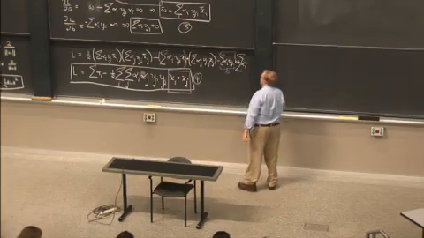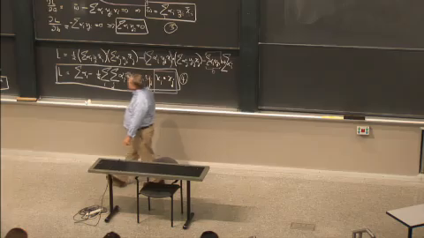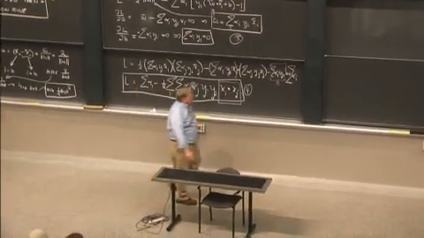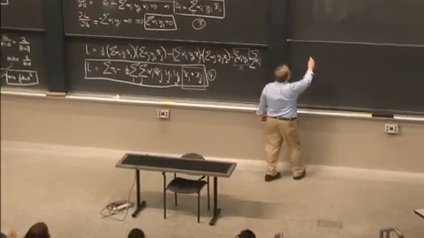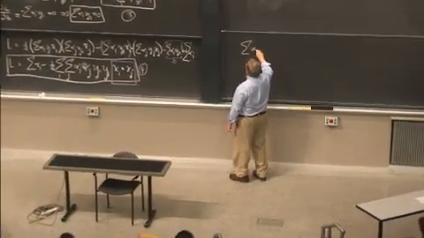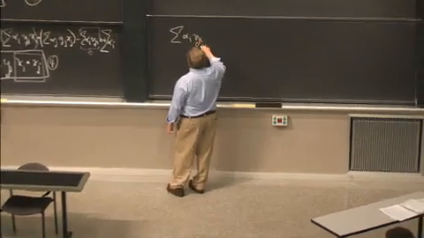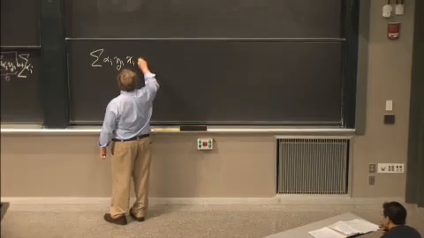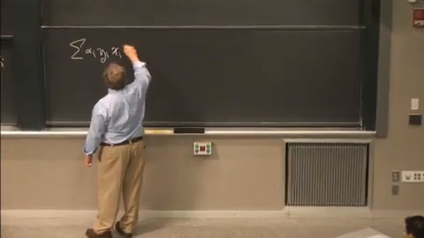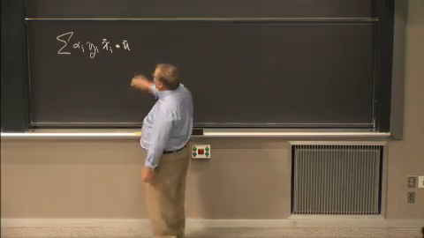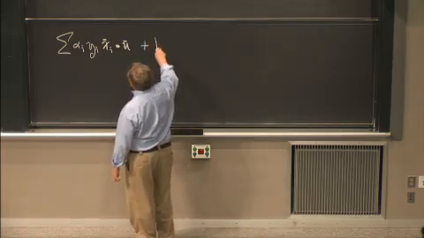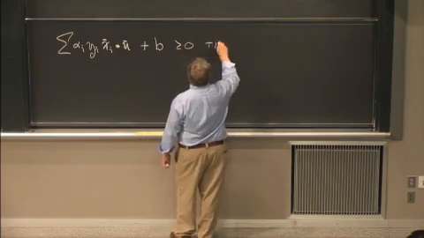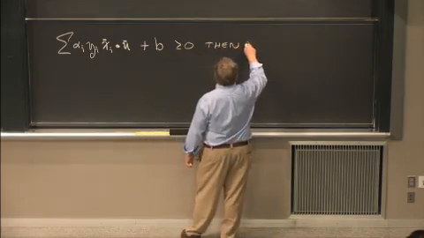So now my decision rule with this expression for W is going to look like the sum of alpha I times y sub I times x sub I dotted with the unknown vector like so. And we're going to add b, and we're going to say if that's greater than or equal to 0, then plus.